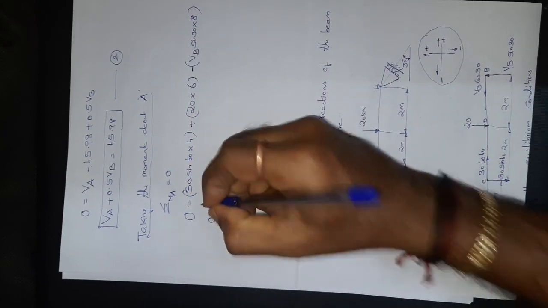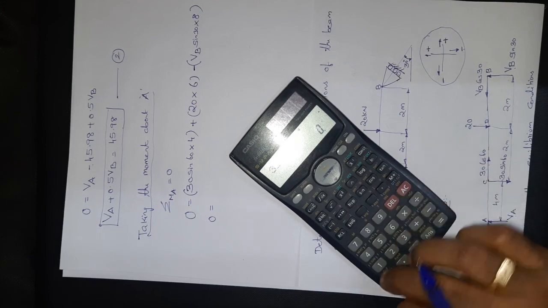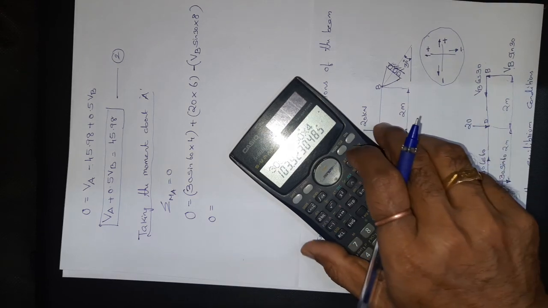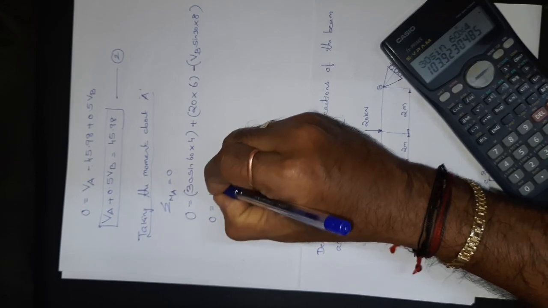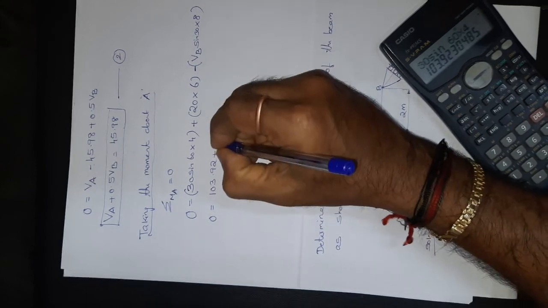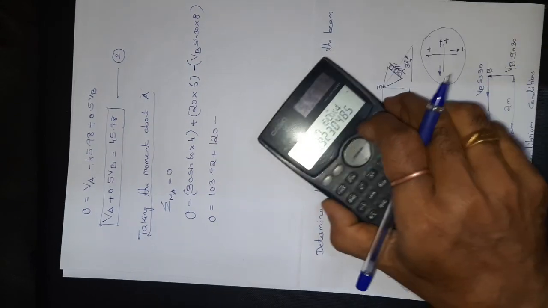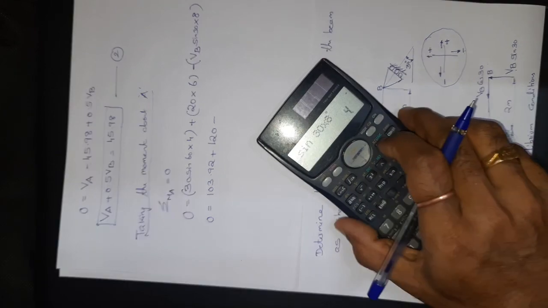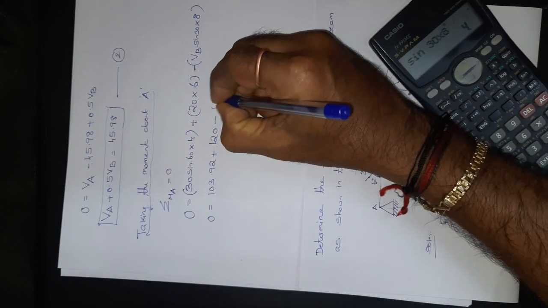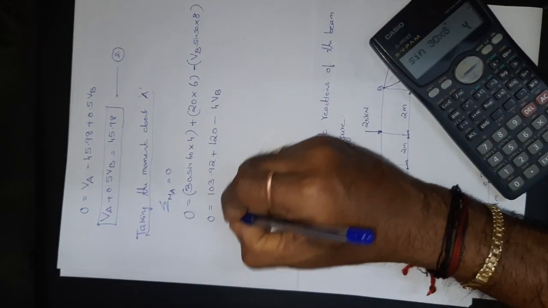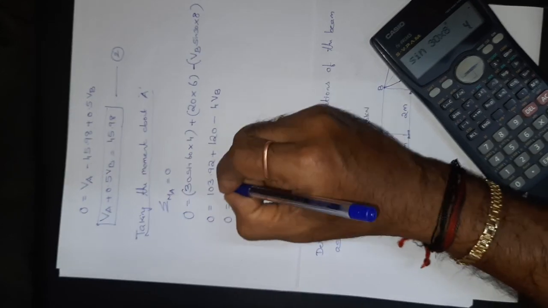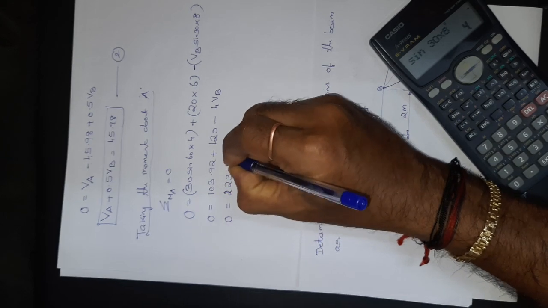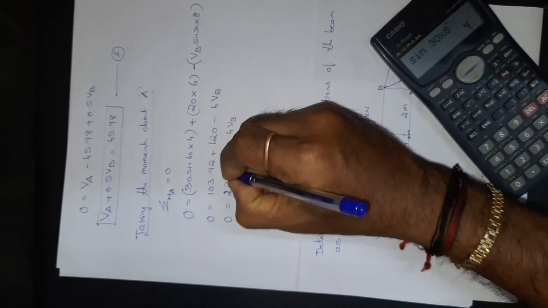Right? 0 equal to 30 sine 60 into 4, which is 103.92, plus 20 into 6, that is 120, minus sine 30 into 8, which is 4 VB. 0 equal to, if you just sum this up, 223.92 minus 4 VB.